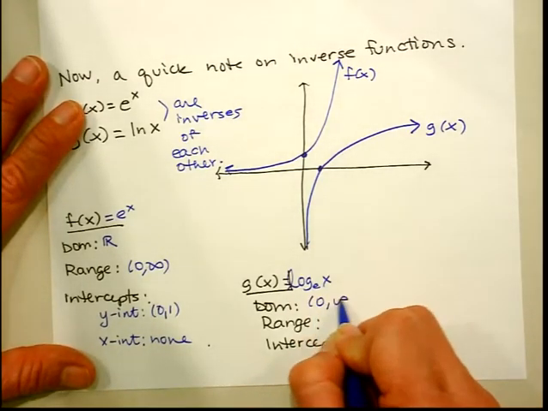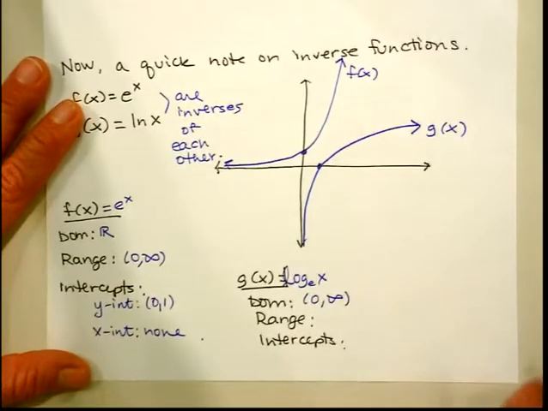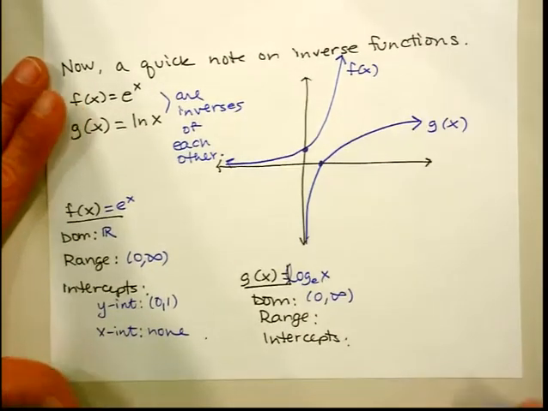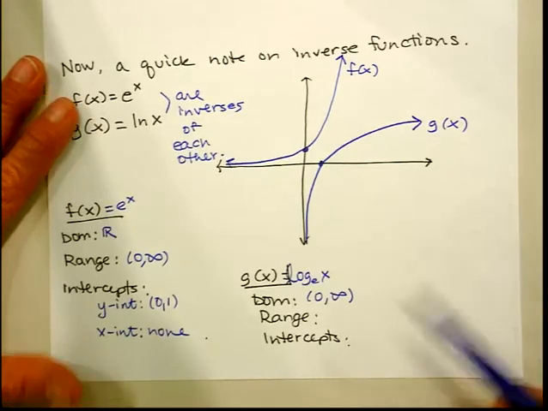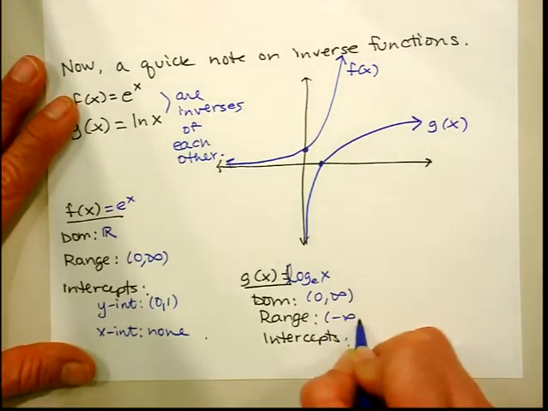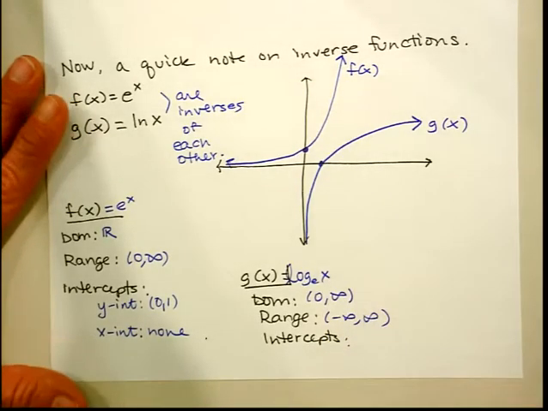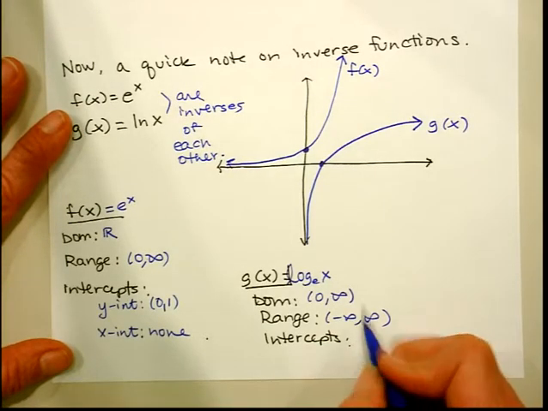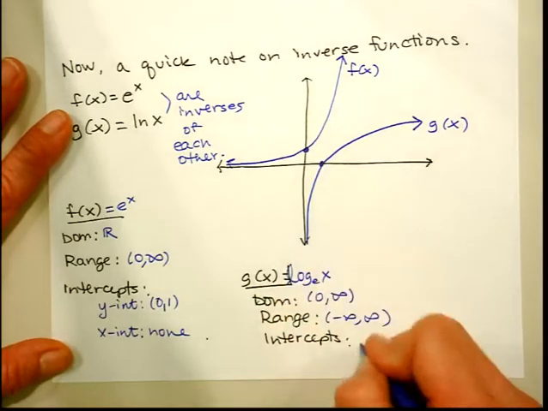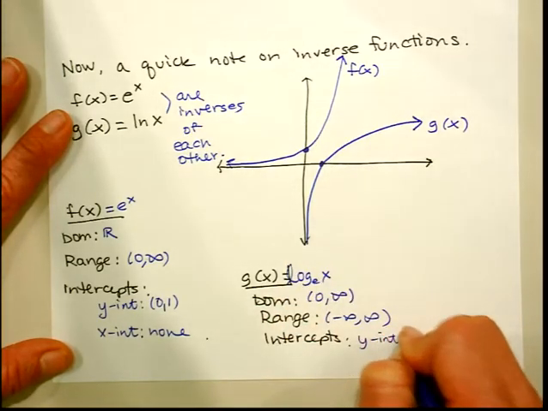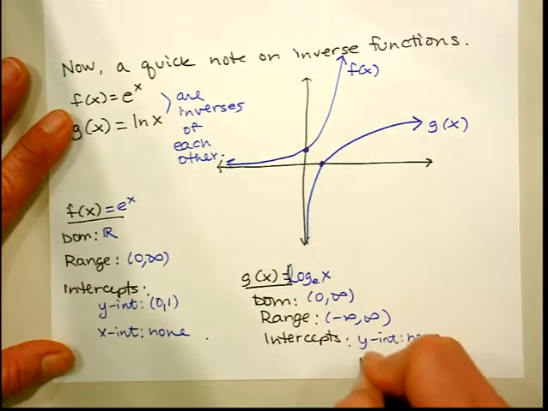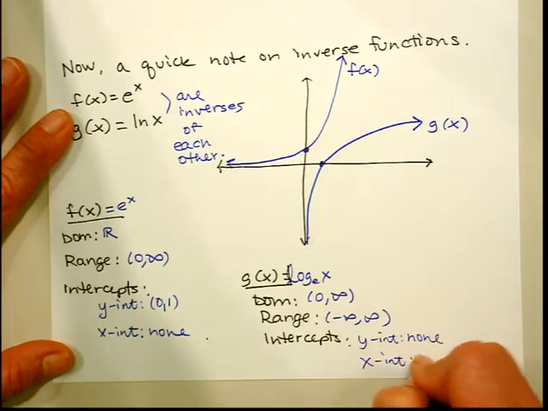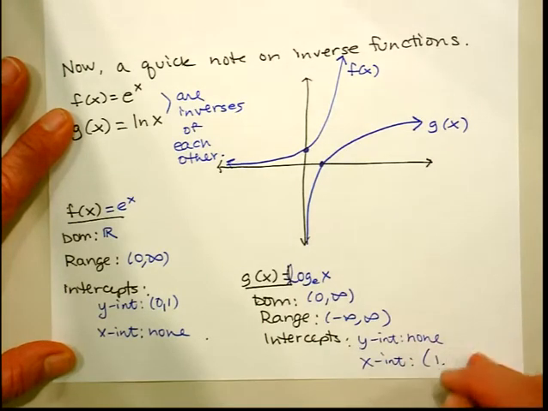Right, 0 to infinity. We only do the logs of positive things. Range, what y values do we get out? Negative infinity to infinity. Good. And then what about the intercepts? So this time I don't have a y-intercept, but the x-intercept, I do have one, right? And it's 1, 0.